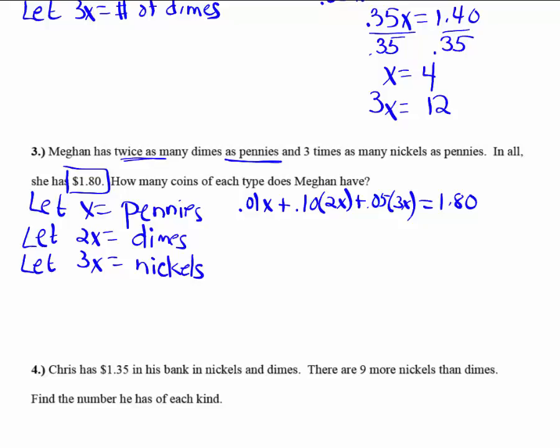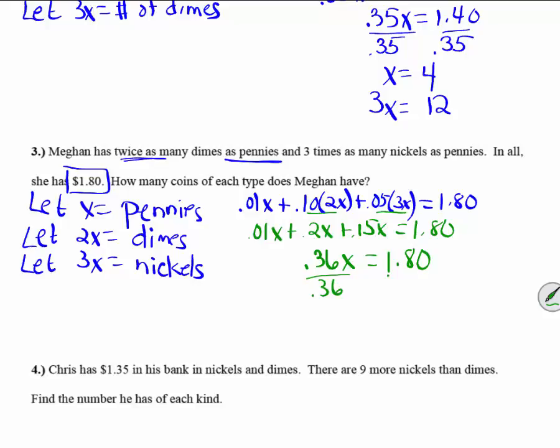Okay, well, multiply those together. So we're going to have 0.01x plus 0.2x plus 0.15x equals $1.80. Put your like terms together, and you should get 0.36x equals $1.80, divided by 0.36. So that means we have 5 pennies, 2x is going to give me 10 dimes, and 3x is going to give me 15 nickels.